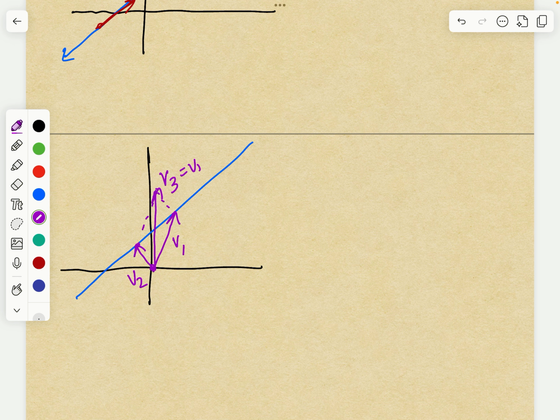This is v1 plus v2, and this vector is most definitely not on the blue line. Remember what it means to say that a vector is on the line. What does it mean to say that this vector is in W, where W is this line?